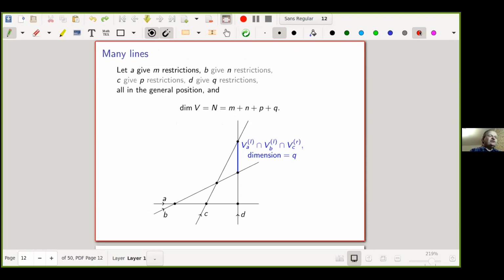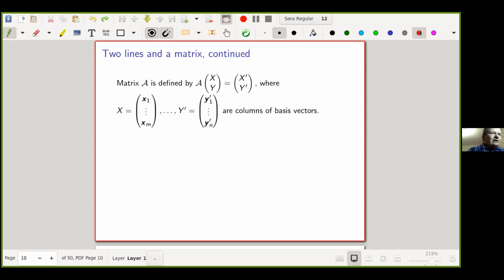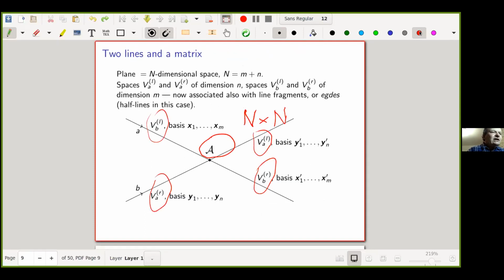Okay, let us return a little bit. Let us return here to these lines with these linear restrictions.